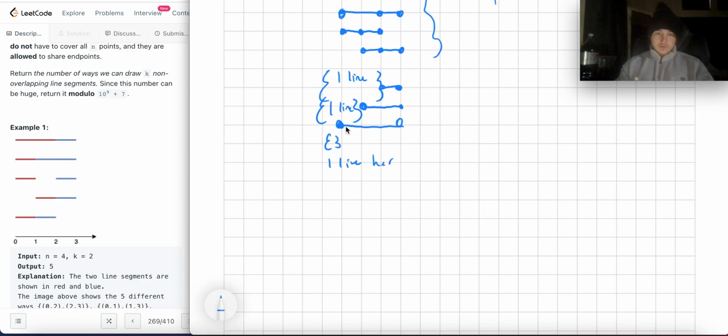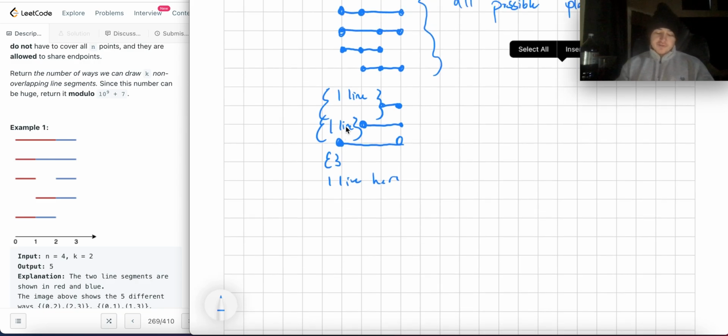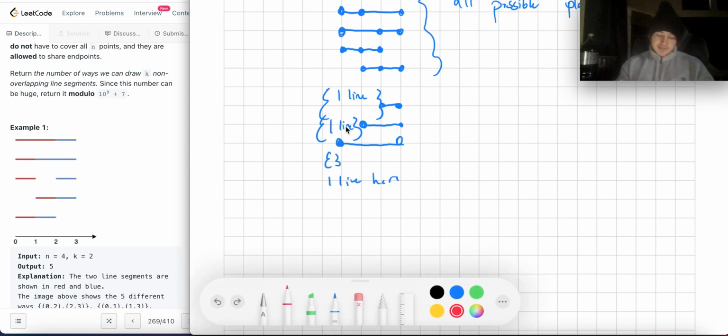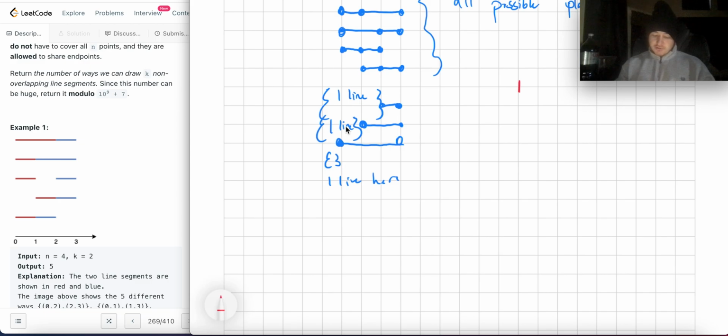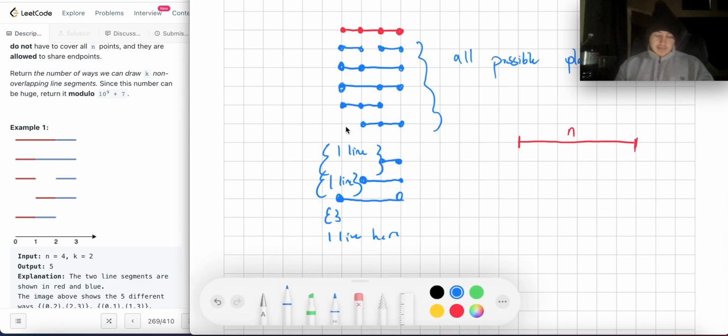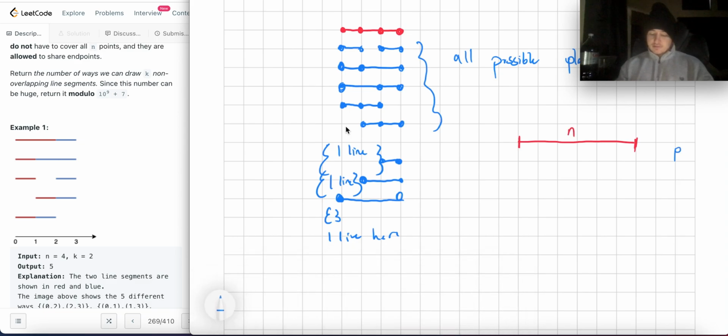So what I'm basically saying is, for any system, if this thing is length n, let's draw it out. We have this space, in a general case, which is length n, and I have to place k lines.